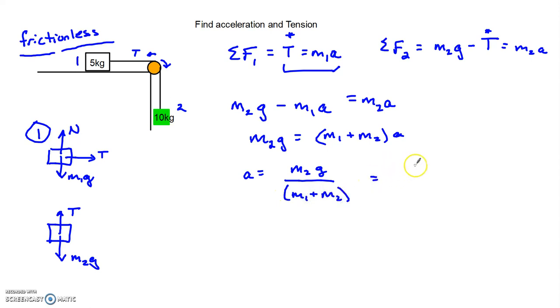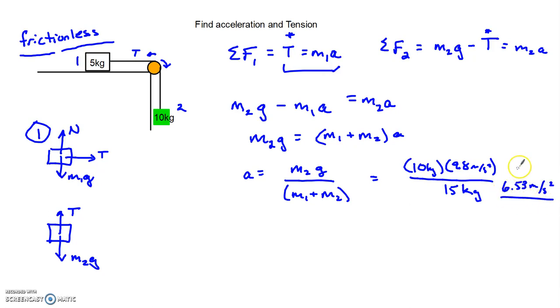And if I plug values in, that is 10 kilograms times 9.8 meters per second squared, divided by the sum of those masses, which is 15 kilograms, and I get 6.53 meters per second squared for that problem. That's my acceleration.